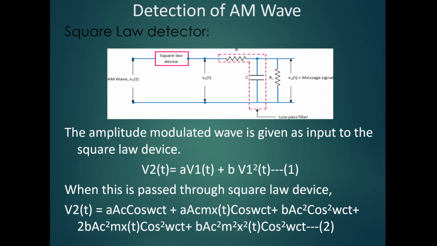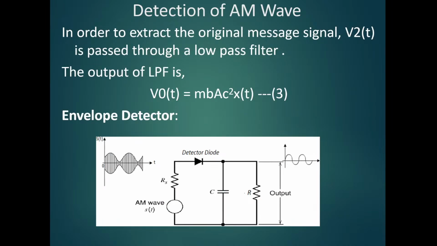So you can see over here, this is our AM wave. This is connected to our square law device. The amplitude modulated wave is given to the square law, so we can say V2 is generated at the output of the square law is this. And then, in order to obtain the original message, we need to pass it through a low pass filter.